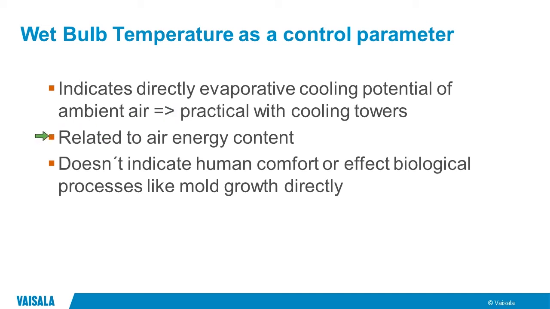It's pretty much directly related to air energy content, so that's another way to use it. But again, it doesn't really indicate anything about human comfort or biological processes like mold growth.